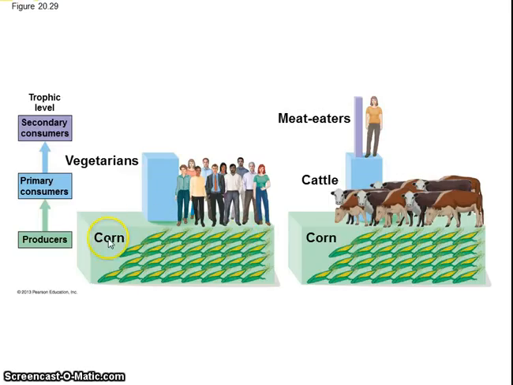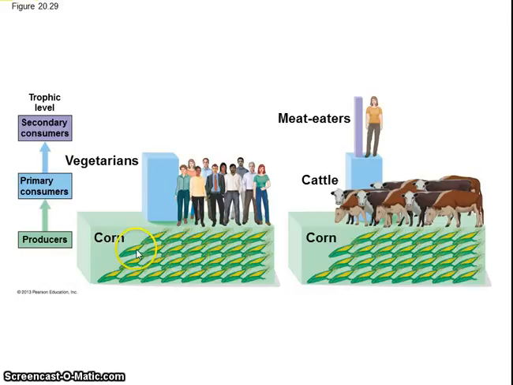So to support the next level up, you have this much corn. Those are the producers taking in the sun energy, converting it into chemical energy. Then the next level, you've got your primary consumers. And so vegetarians, any vegetables you eat, are the second level.